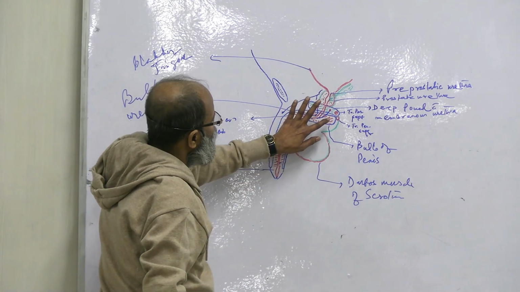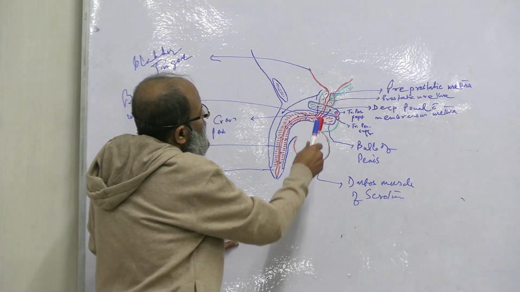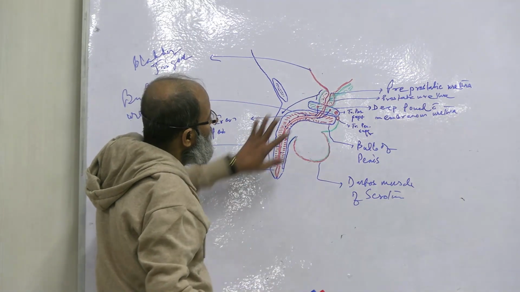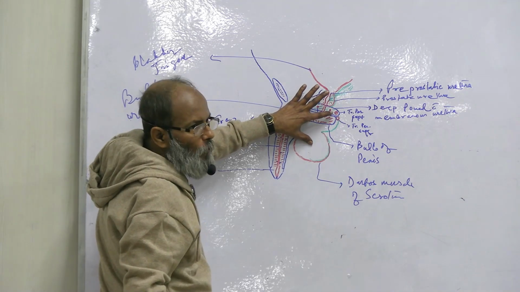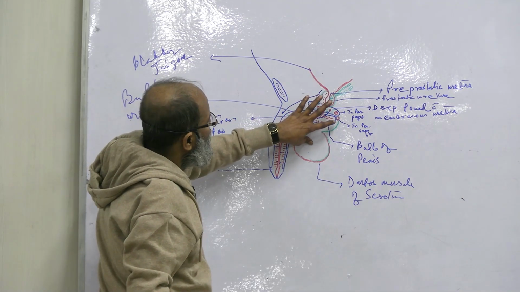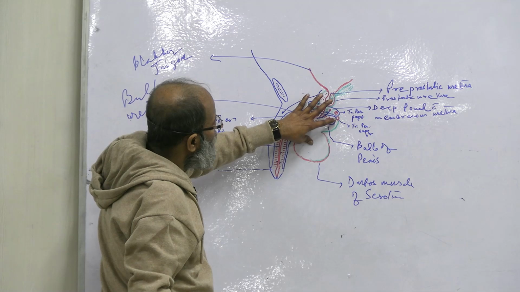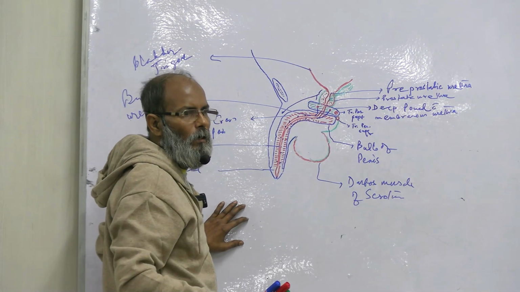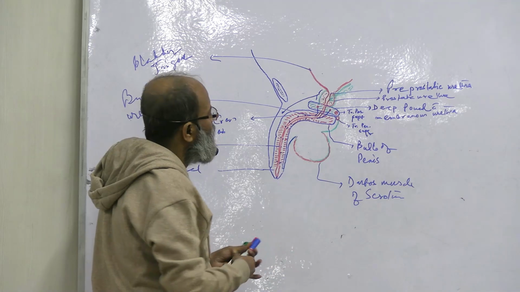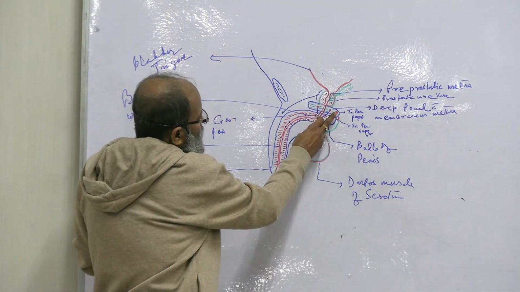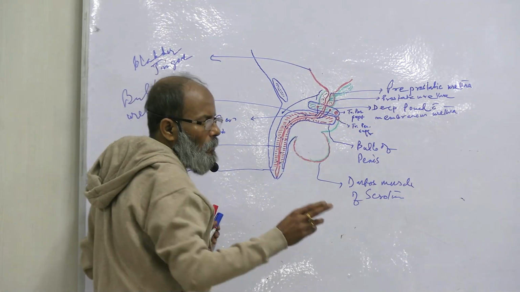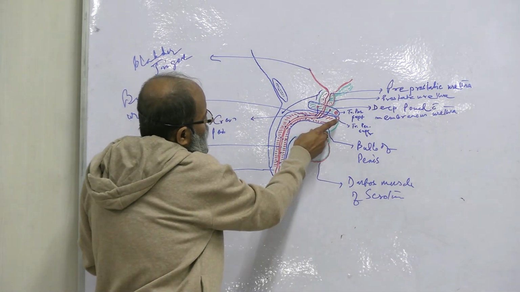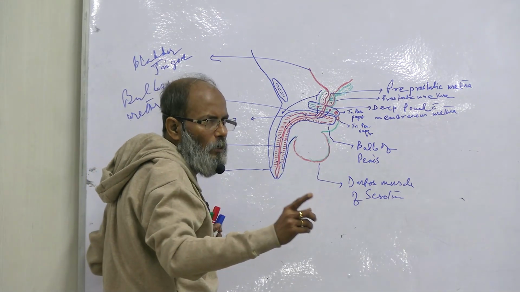And close to the penis, within the deep pouch, this is transversus perineae profundus. And below the deep pouch, within the superficial pouch, this is transversus perineae superficialis. Got my point? This one at the posterior aspect, within the deep pouch, is the transversus perineae profundus. And in the superficial part, this is transversus perineae superficialis.